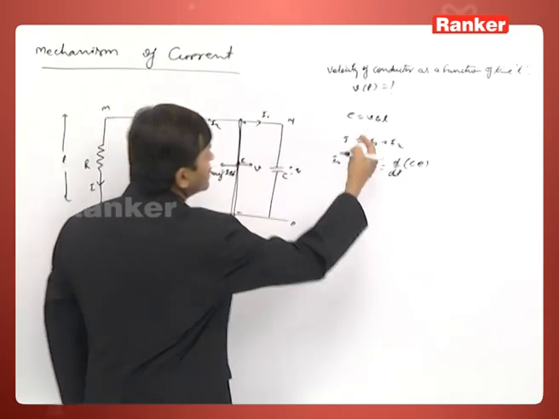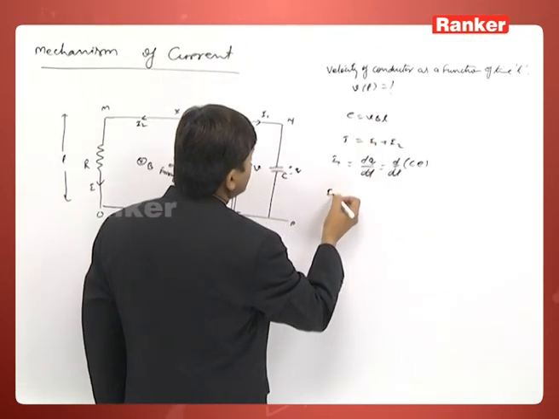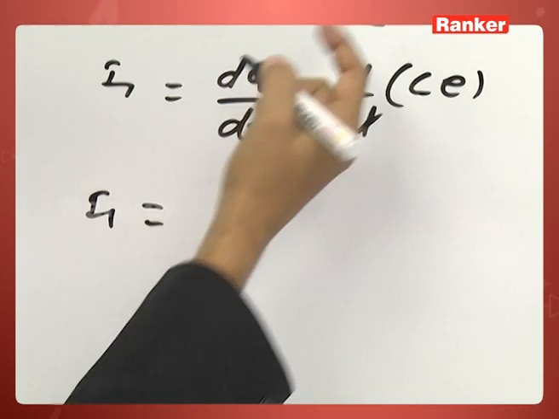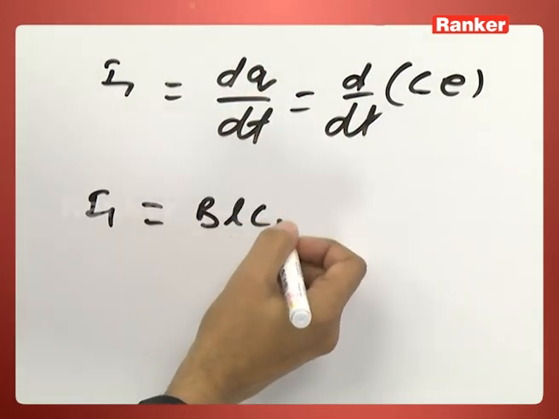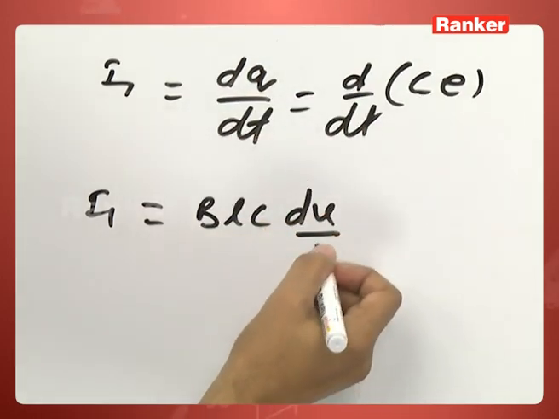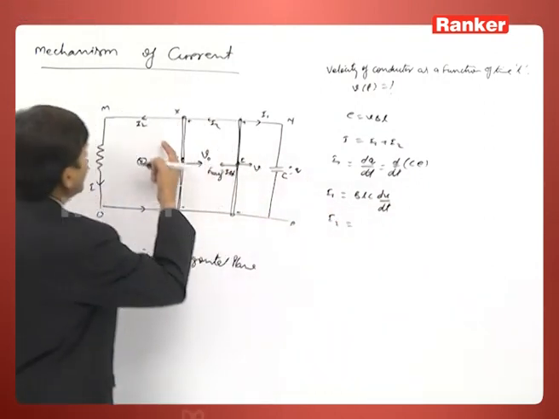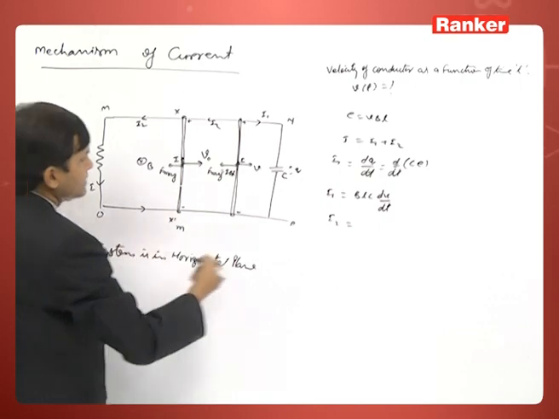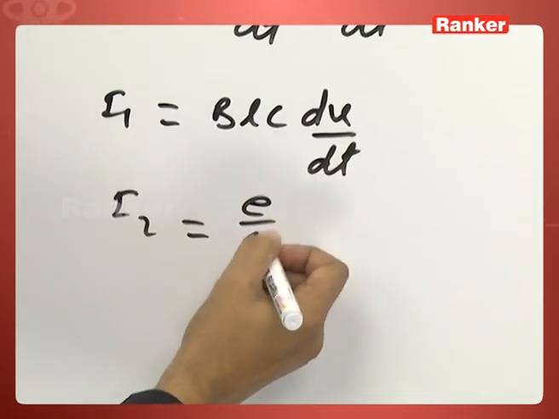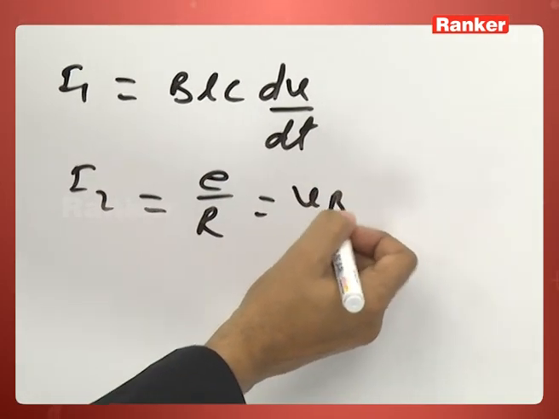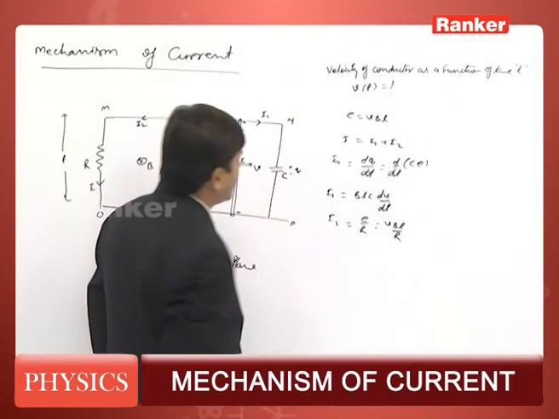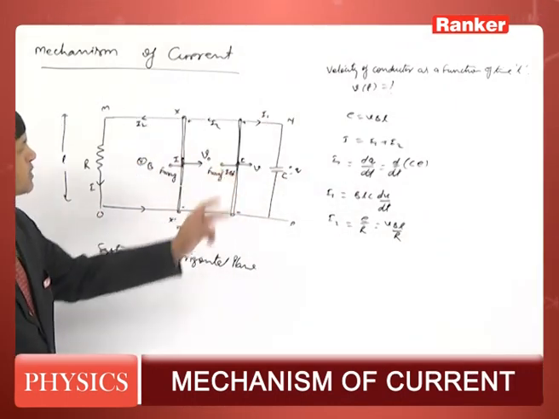In the EMF, V is the only variable term, so it is written as BLC dV by dt. This is I1, and then I2 is E by R, which is VBL by R.